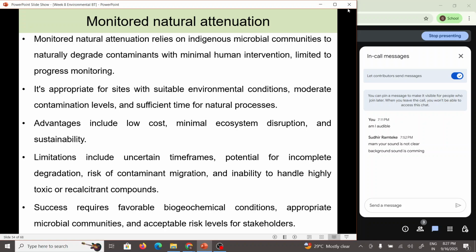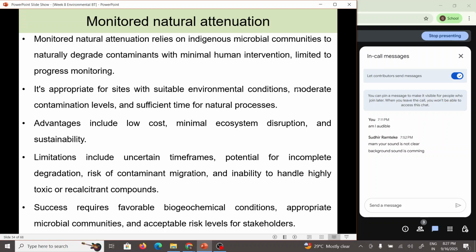Why the moderate contamination level comes into the picture: we talked about the requirements for bioremediation, and in that, the concentration of the contaminant should be below the toxicity level, which could cause the death of the microorganisms that we are going to use for the remediation.